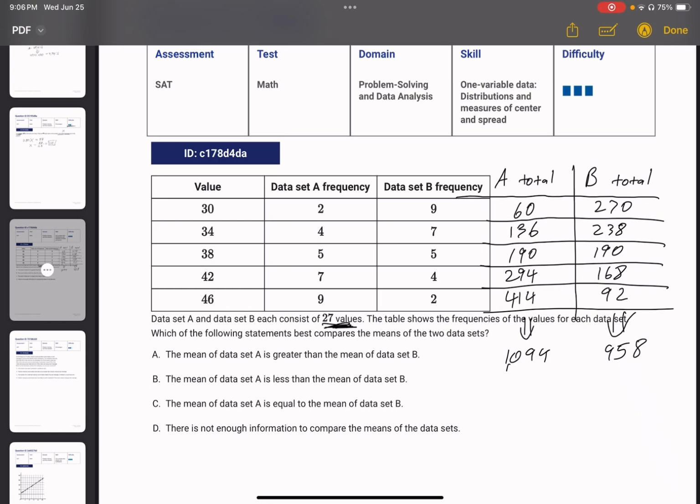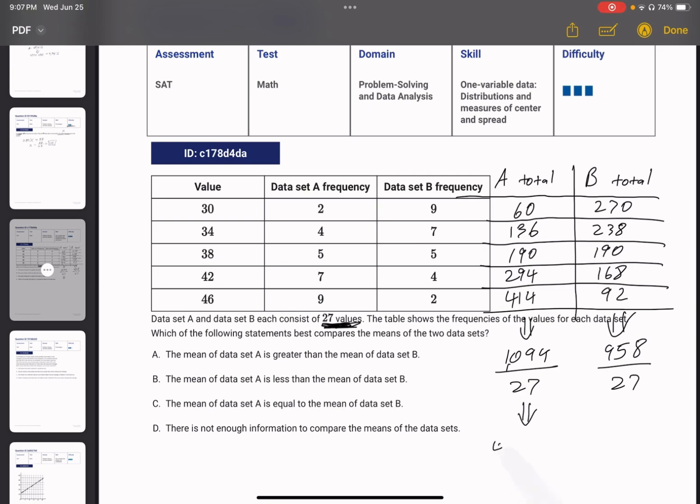And yeah, okay. So now to find the mean of each one, we want to divide by the total number of values we had, and that's given here, 27. You could also count the amount of frequencies that appear in the chart, but if it's given to you, that's a much faster way. So now this is going to be 1,094 divided by 27.